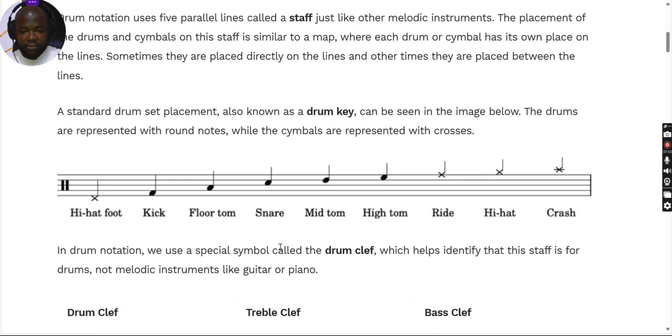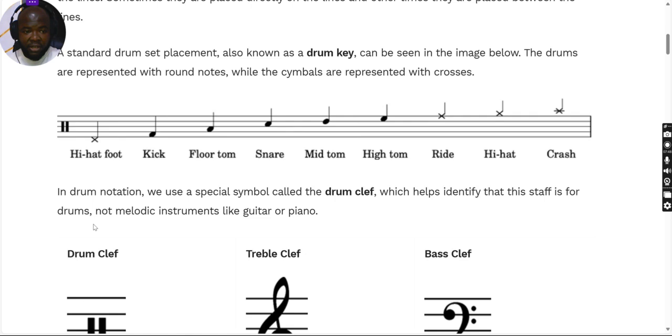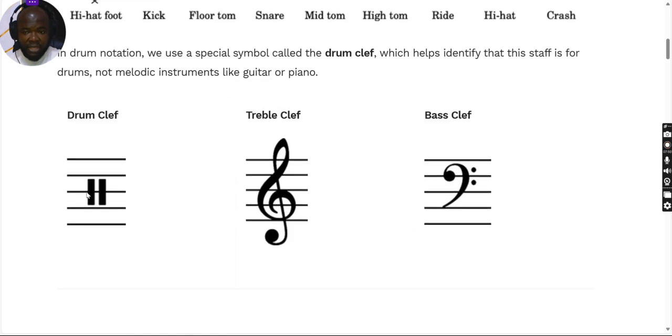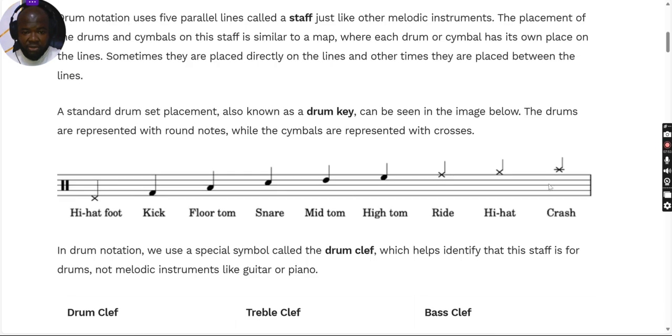This is just for you to understand the staff and the placement of the drum parts on the staff. The symbol used on this particular sheet is the drum clef.